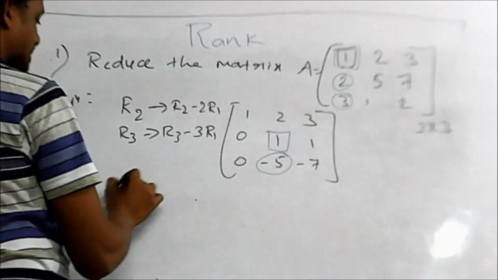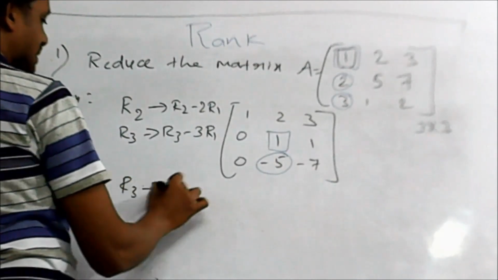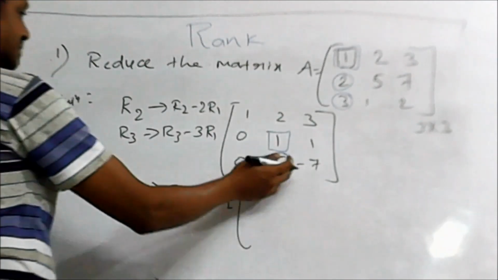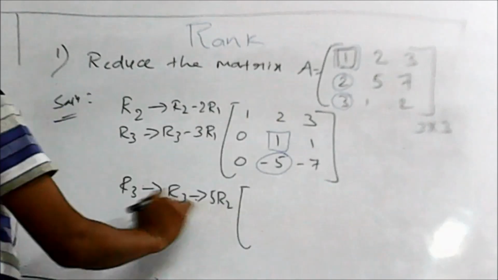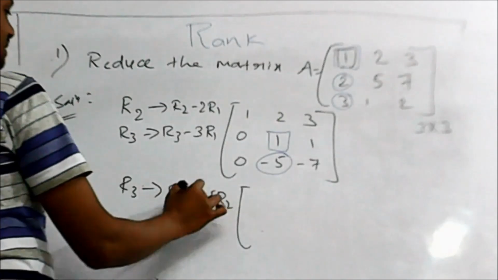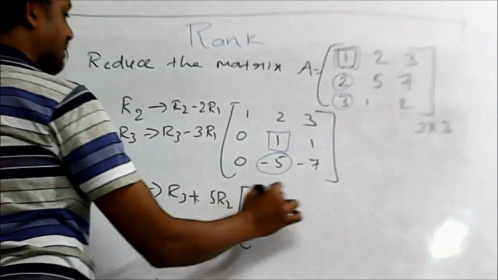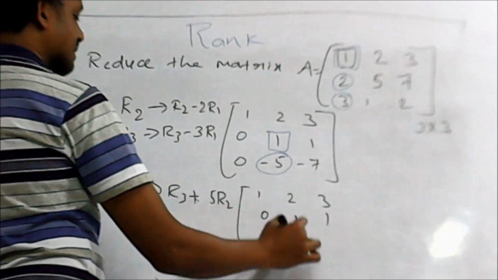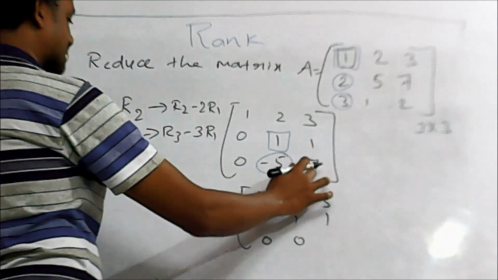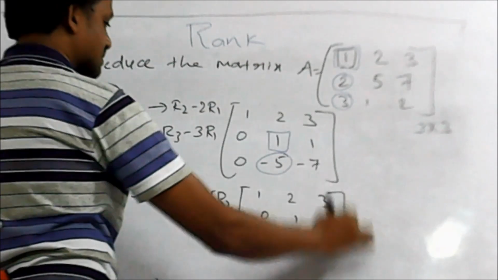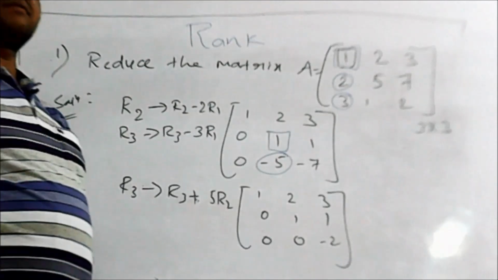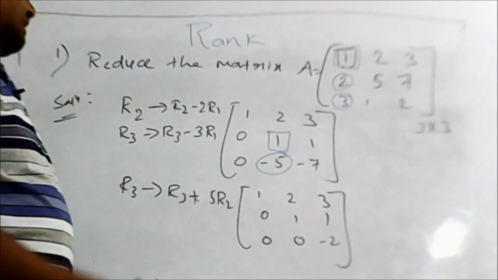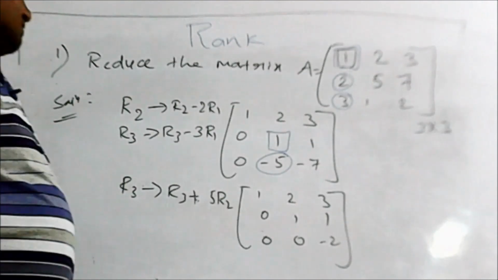What is the operation? R3 plus 5 times R2. So minus 5 will become plus 5, and the addition is 0. So 1, 2, 3, 0, 1, 1, here 0, here 0, minus 5, minus 7 plus 5, minus 2. So now it is reduced to row echelon form. It is called row echelon form. The rank is 3. But we need to convert into IR 0 0 0.